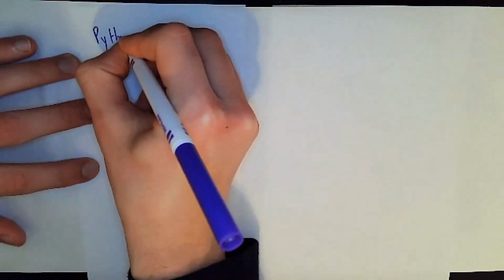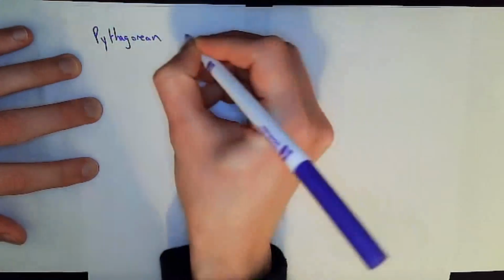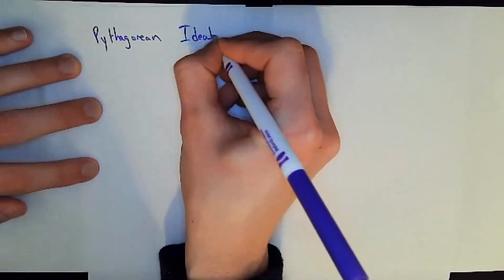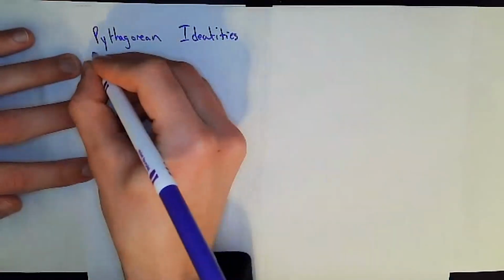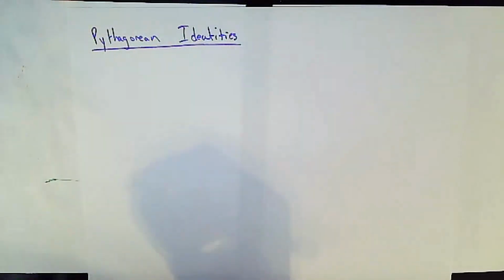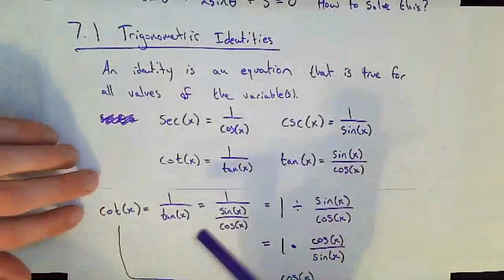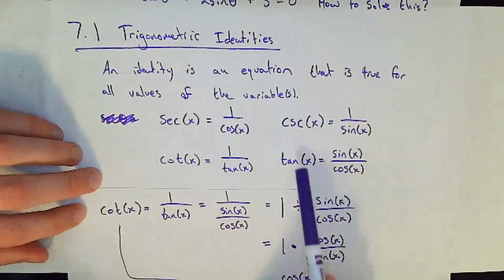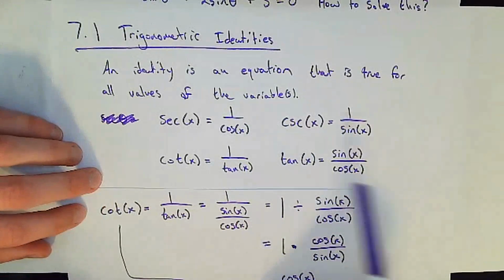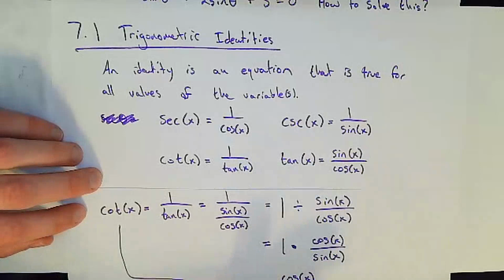We have the Pythagorean identities. The identities I just listed, you could call the reciprocal identities because they're all dealing with the reciprocals. Not so much tangent, right? But I guess, you know, you can stuff it in there.